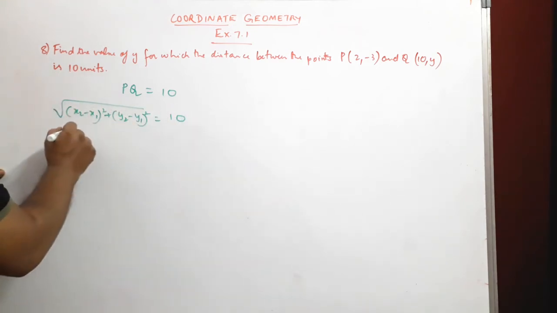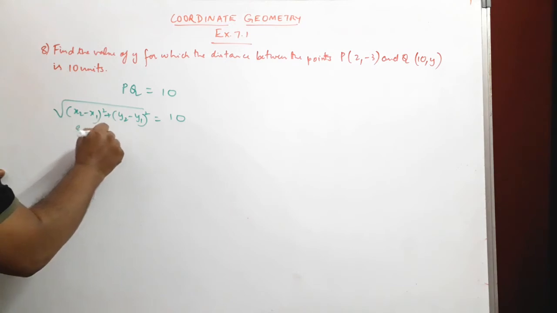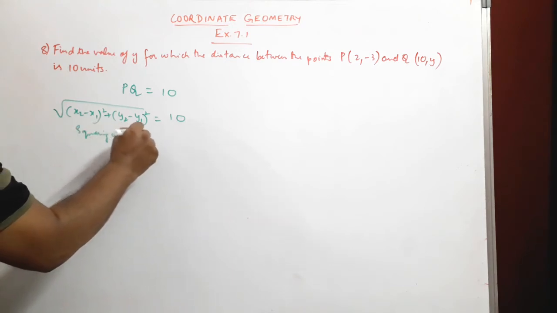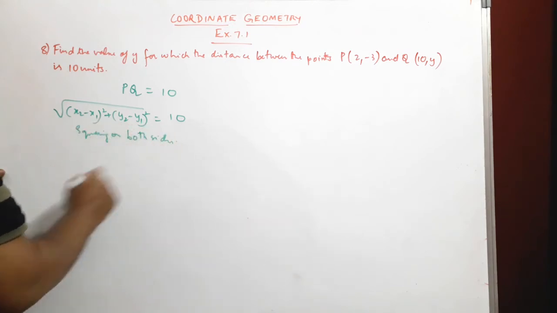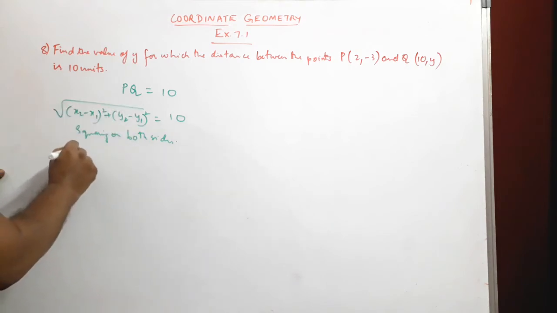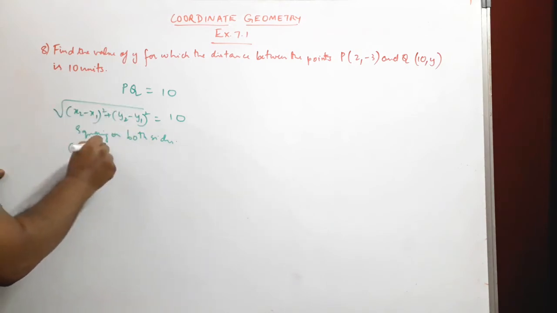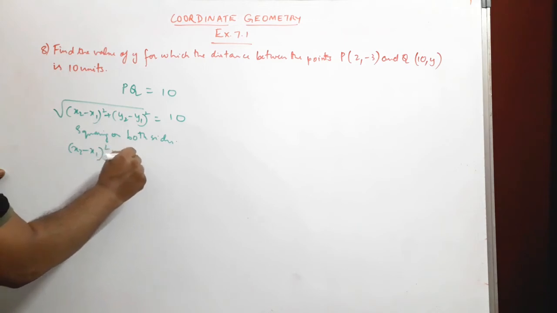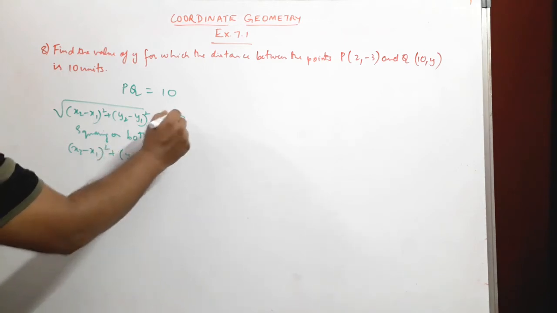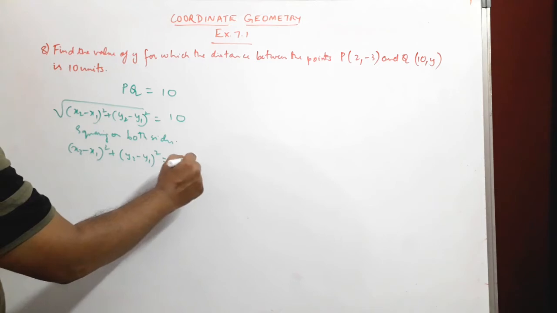Now I'll square on both the sides. So squaring on both sides will mean that the square root sign goes off and we are just left with the squares, and this 10 whole square will become 100.